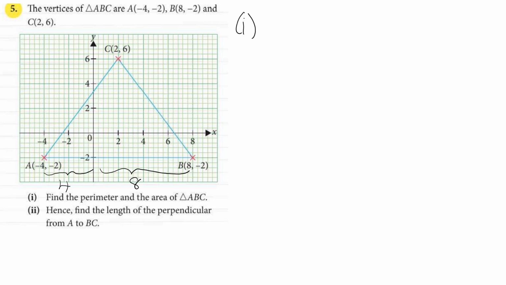So AB equals 12 units. But we have to go on to find AC. To find AC, you have to use the distance formula.